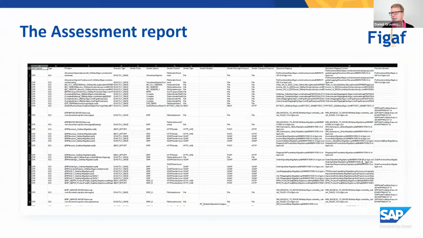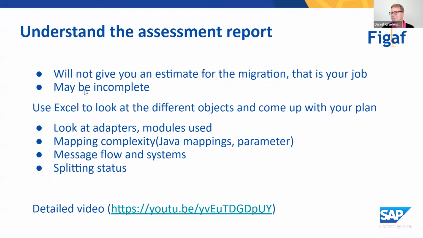So here's the report, I'll just show it in Excel. I guess the main focus of these is that they are incomplete. It gives a good understanding, hopefully, but there are going to be some things that are not in these lists. So SAP gives you a way to estimate this.